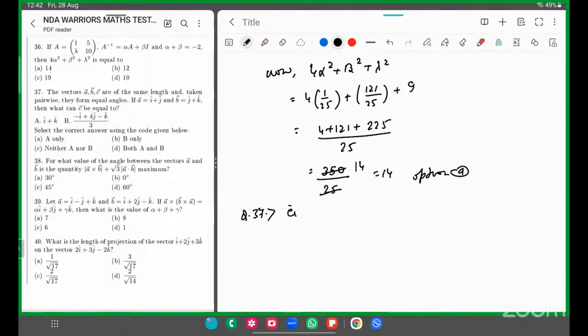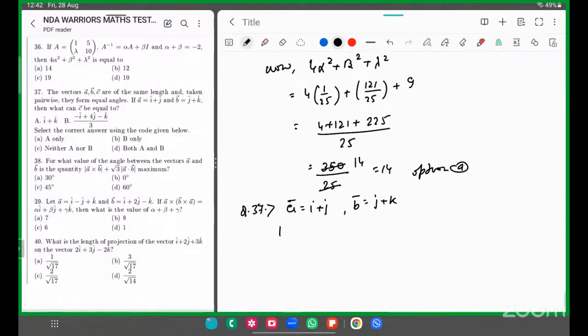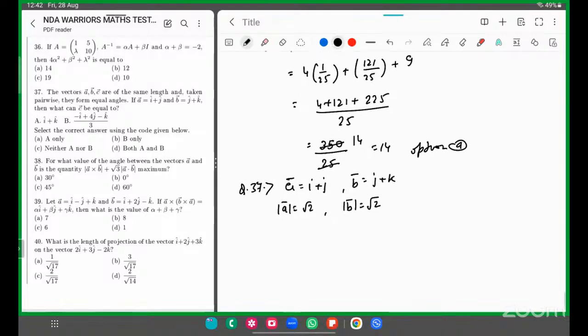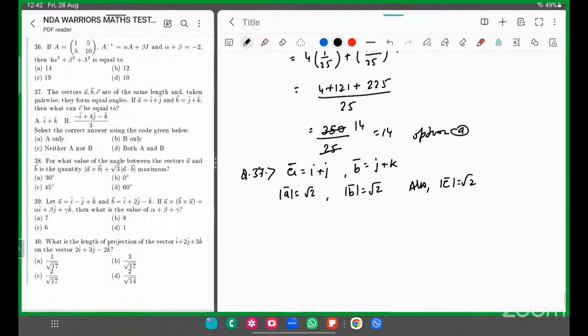They are saying that A vector equal to i plus j, B vector equal to j plus k, magnitude of A equal to root 2, magnitude of B also, magnitude of C equal to root 2. They are saying that angle between same taken pair they form equal angles. Pairwise equal angle बने.